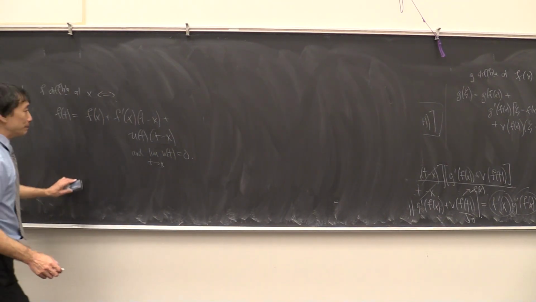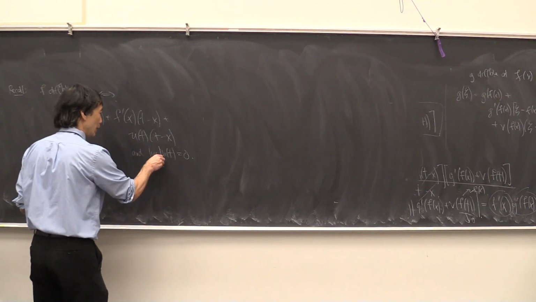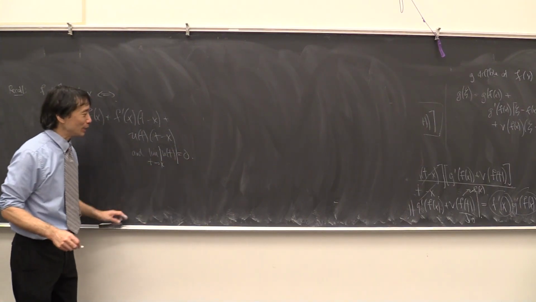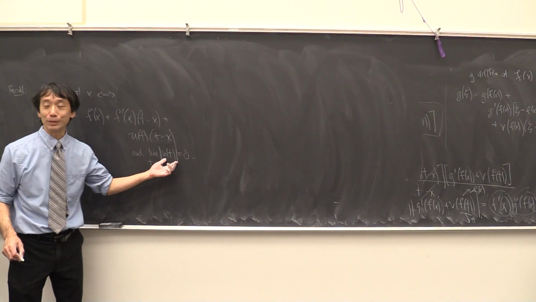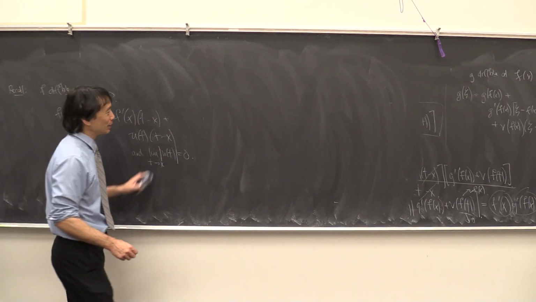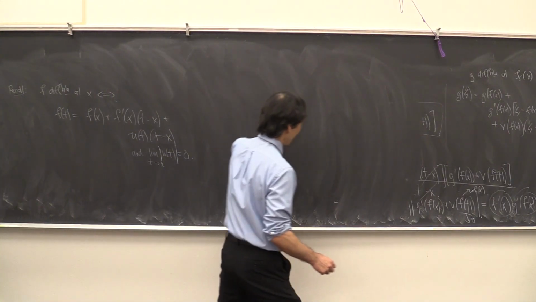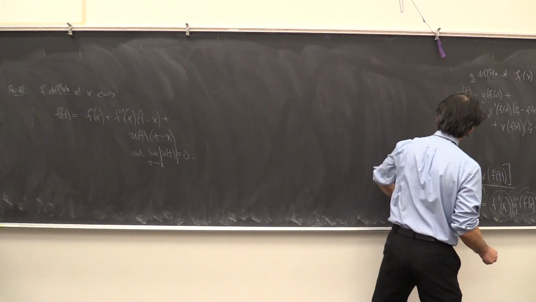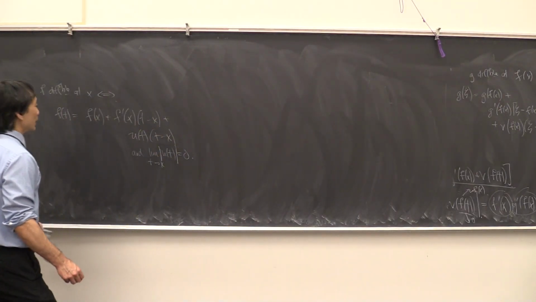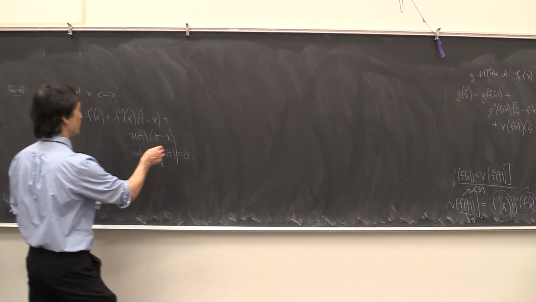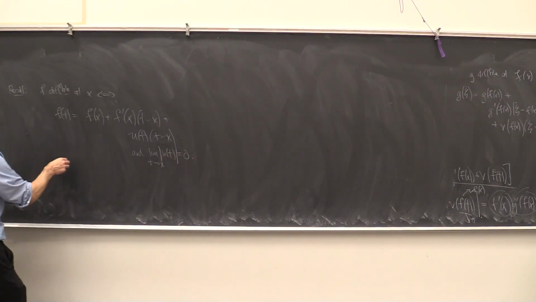Okay. I hope you agree that the limit if u goes to 0 is the same thing as saying the absolute value of u goes to 0. Exercise: if you haven't seen it or you want some extra exercise, then do that. So the limit of the absolute value is 0.